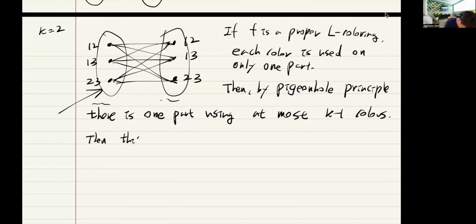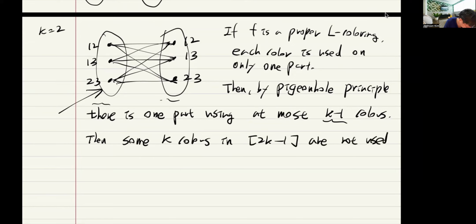Then the complement of these K minus 1 colors, some K colors in the bracket 2K minus 1, are not used on the vertices of, let's say this is X, one part X.